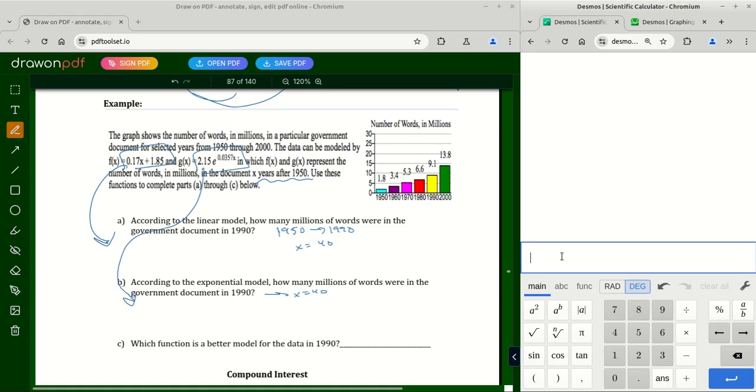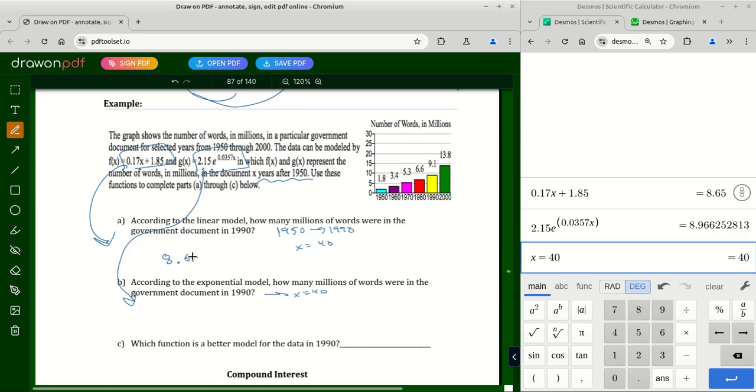And that's just going to be Desmos. I'm kind of doing this a little bit differently. If you notice, I'm not doing them individually. I'm going to put both in at the same time. So I type in my functions, copy, paste, and then I say x equals 40, because it's the same for both. And then I could write down my answers here.